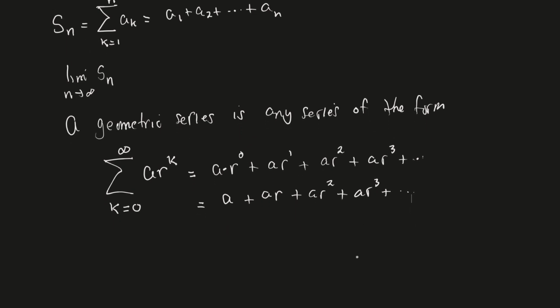The number a, which is some real number, is called the first term of the geometric series.